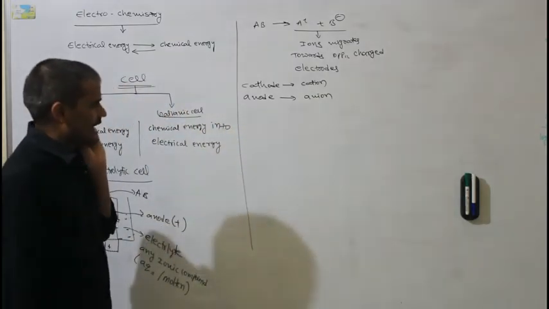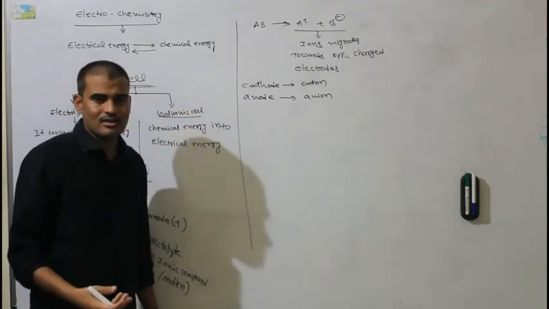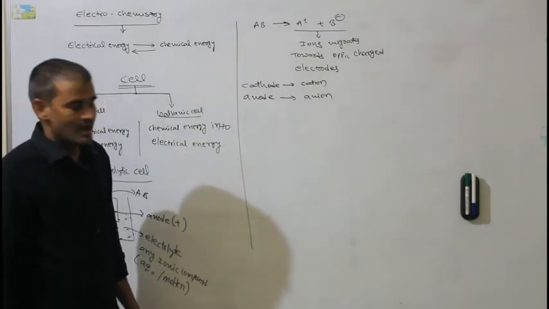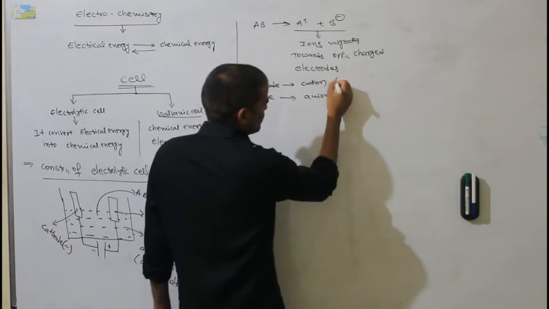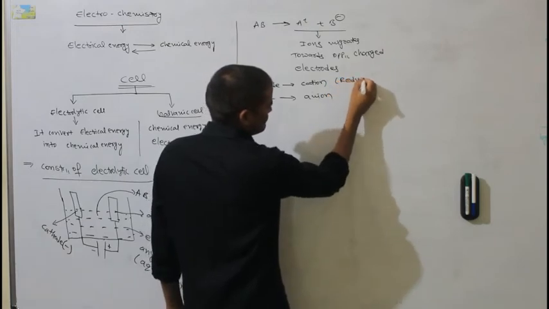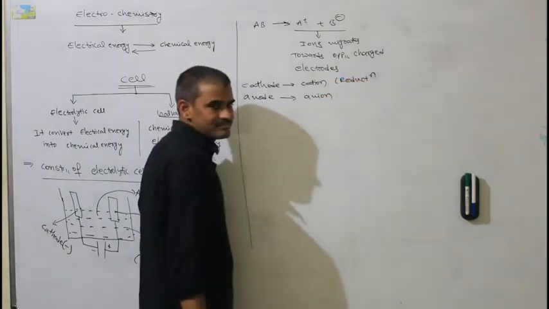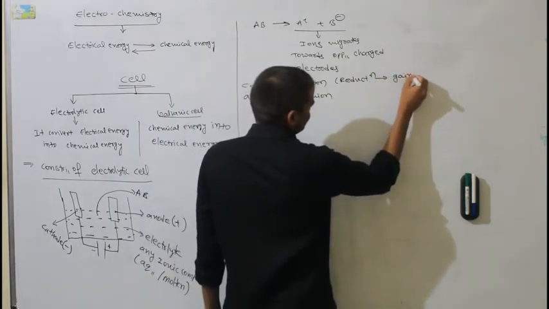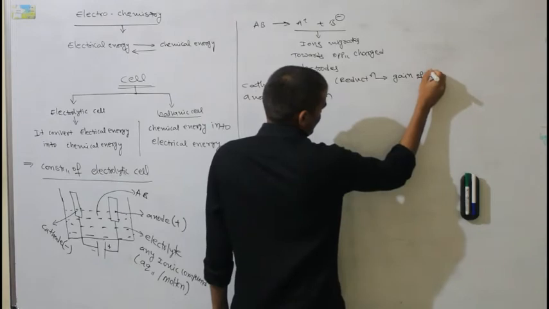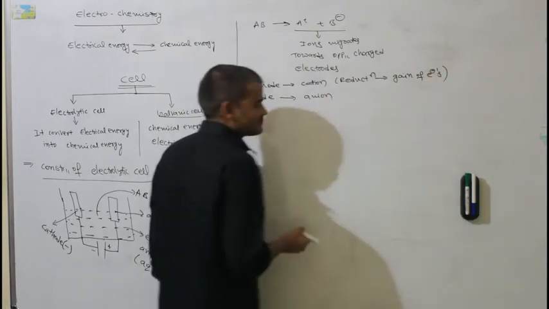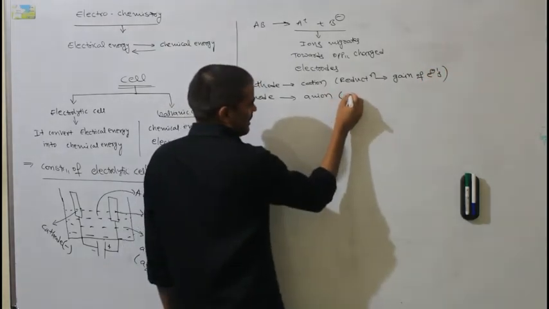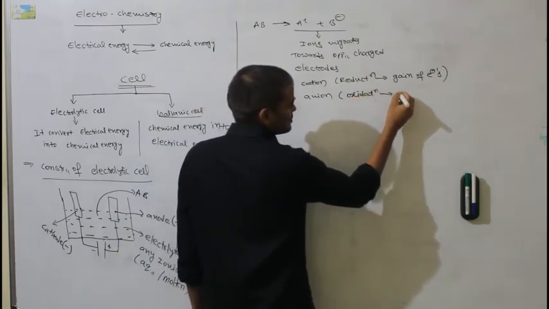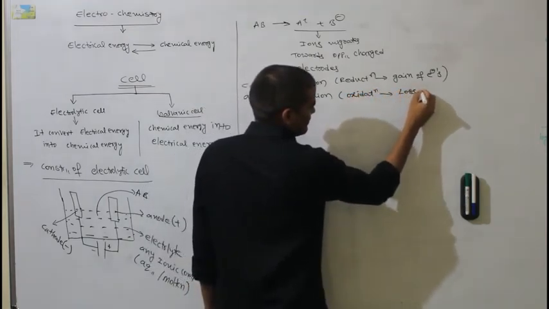At these electrodes, the ions undergo oxidation and reduction reactions. Remember always, at the cathode, reduction will happen. Reduction is nothing but gain of electrons. At the anode, always oxidation takes place. Oxidation means loss of electrons.